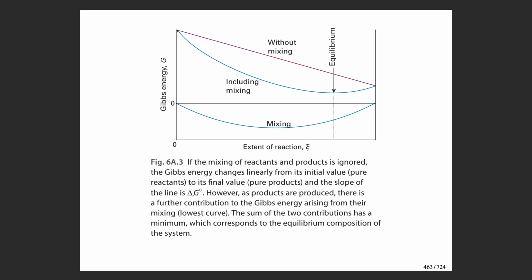First, the delta G standard is the difference in Gibbs energy between the products and the reactants. So the vertical drop that we see here in this graphic, that is delta G naught, right? In fact, assuming that value there is 1, you go from 0 all the way to 1.